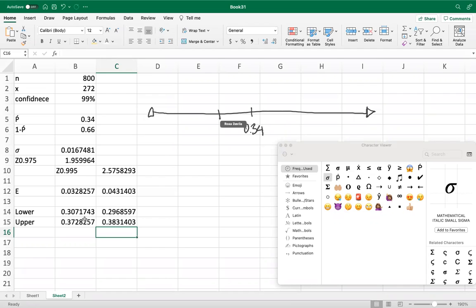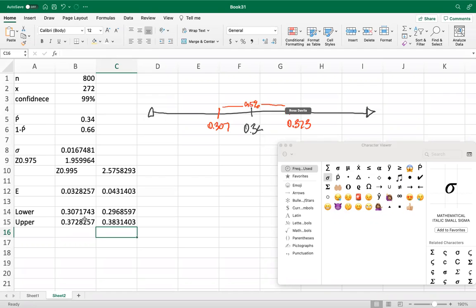So we went out this way, 0.307 here. And we went out this way as well, 0.373. This makes up our 95% level of confidence.